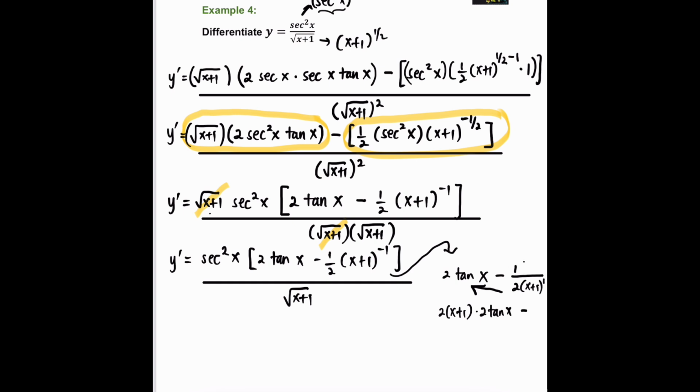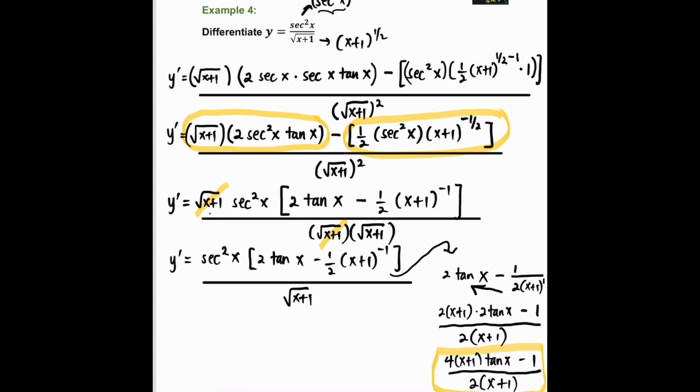Then -1, we copy, divided by 2 times x plus 1. We can simplify this part, and that will be 2 times 2 is 4. Then we copy x plus 1, then we copy tangent x, copy -1 divided by 2 times x plus 1. And now this is a single fraction.